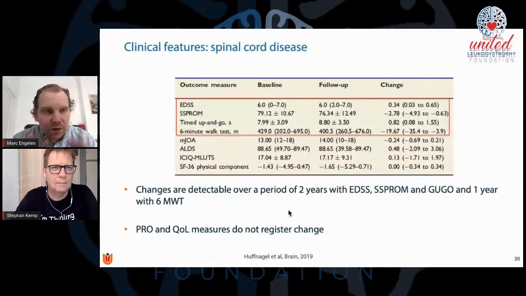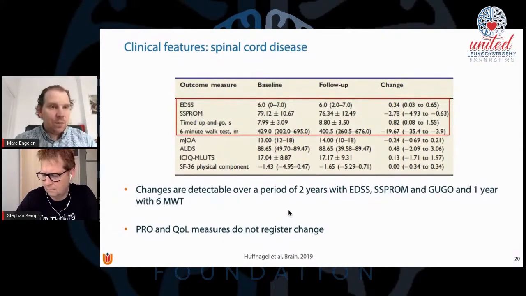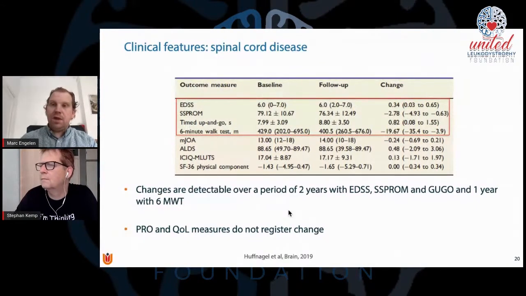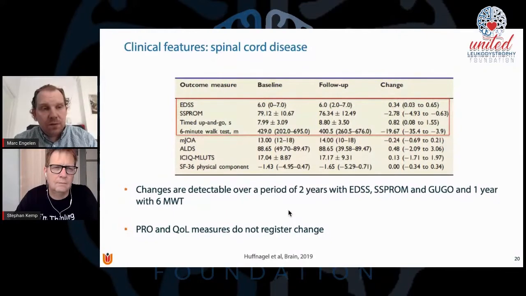I'll not go into the details of most of them, but I think the 6-minute walk test is a nice example to illustrate this. A long time ago, somebody decided that a good measure of function would be to ask somebody to walk for 6 minutes and then measure how many meters have been traveled. And of course, you could say, well, if you repeat that every year, you can measure something. We also did this for adrenal leukodystrophy for a big group.